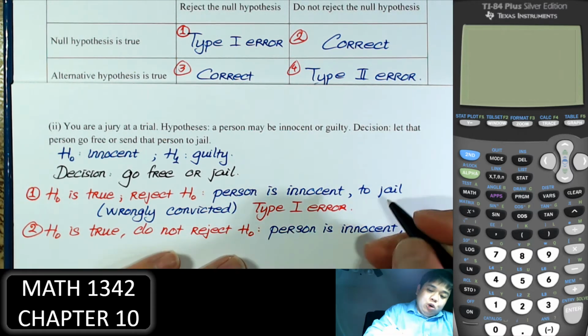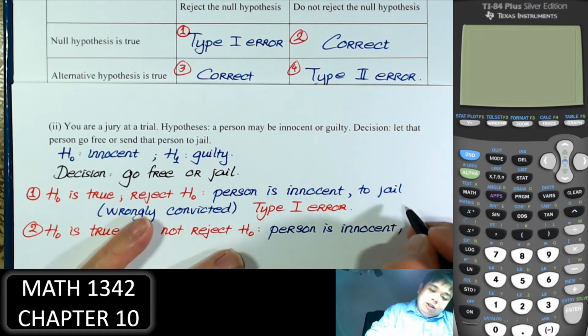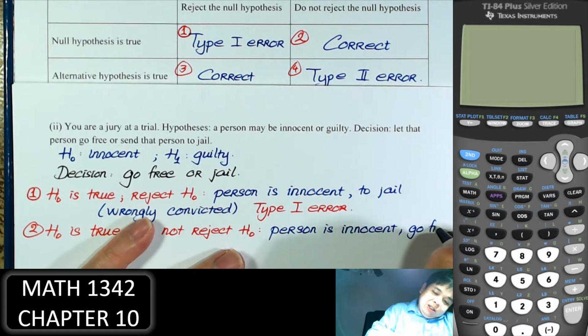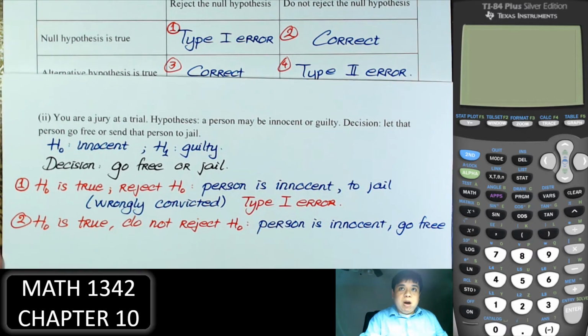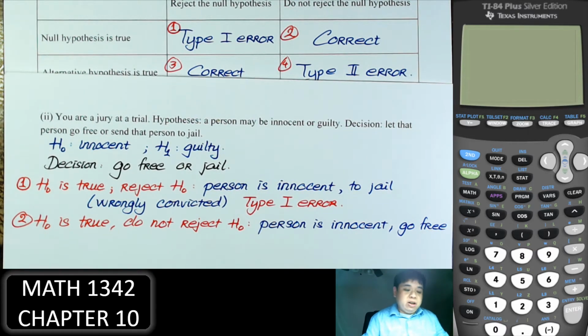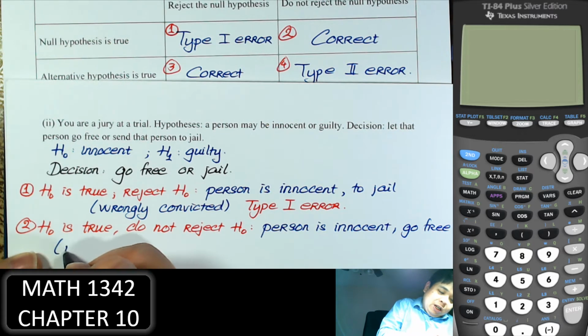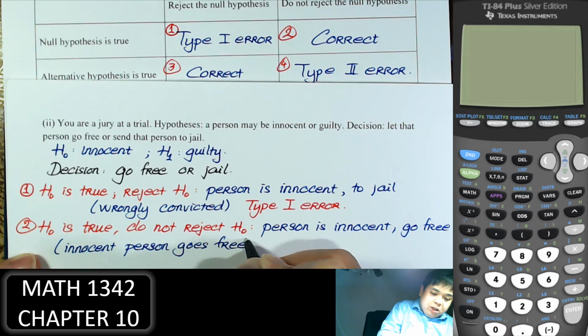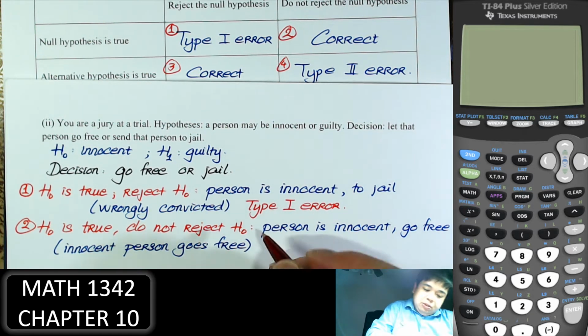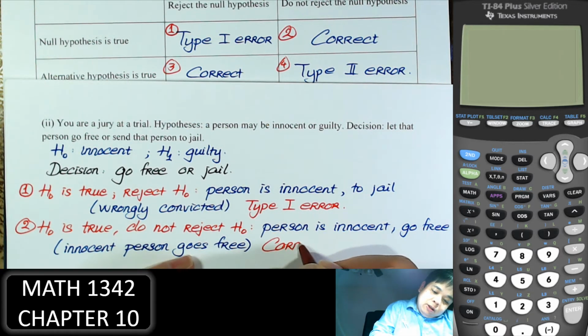And the jury lets the person go free. In that case, that is good. The innocent person goes free. That's the correct decision, right? So the innocent person goes free. This is, of course, the correct decision.